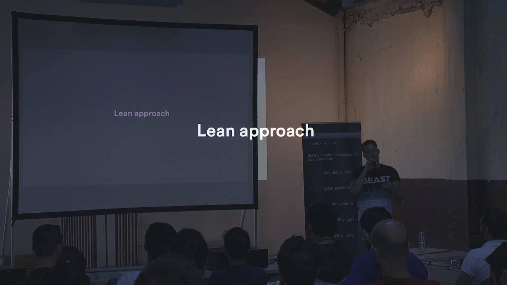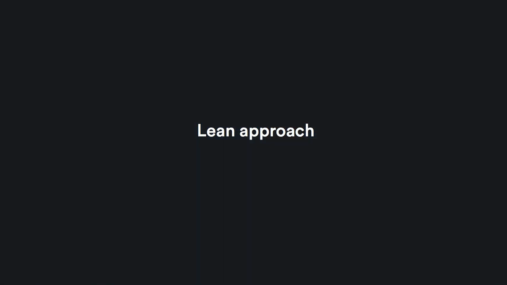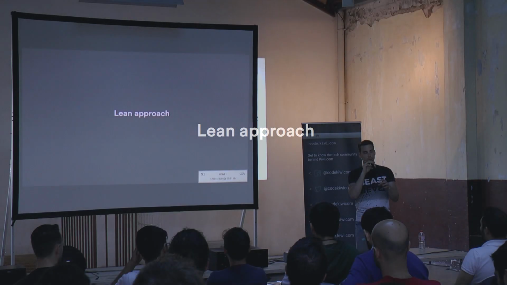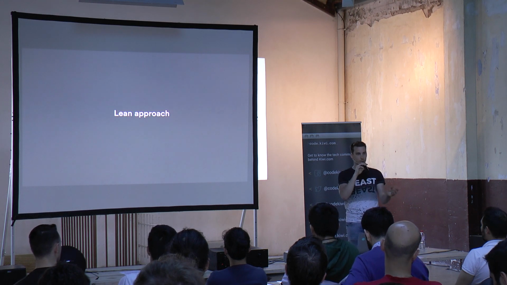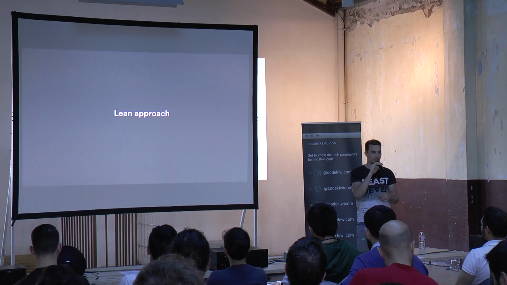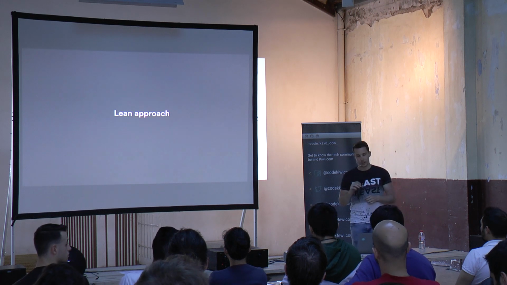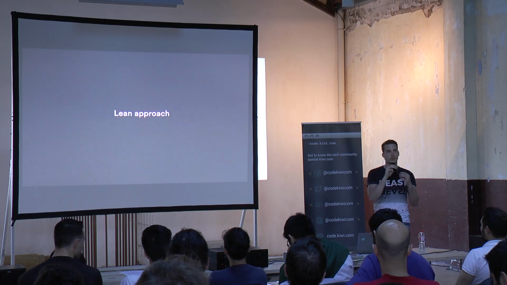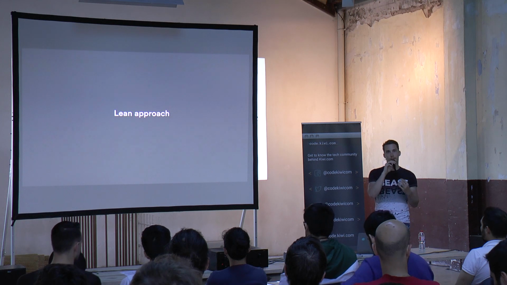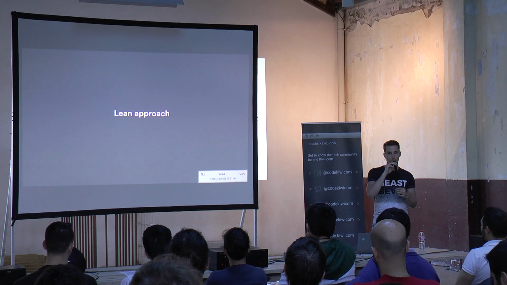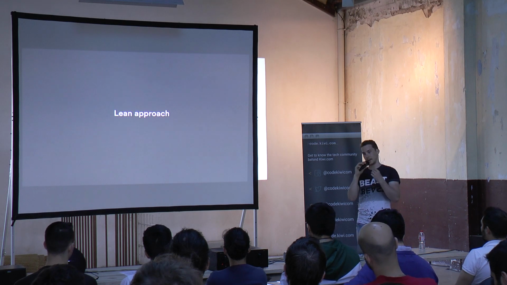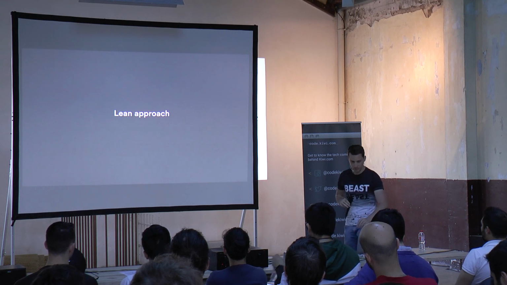We also chose a lean approach. That means that we build features and components only upon a request from designers or from developers. Why? Because a component that's not going to be used is not valuable and is totally useless.